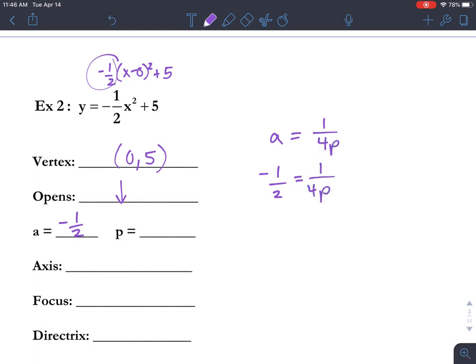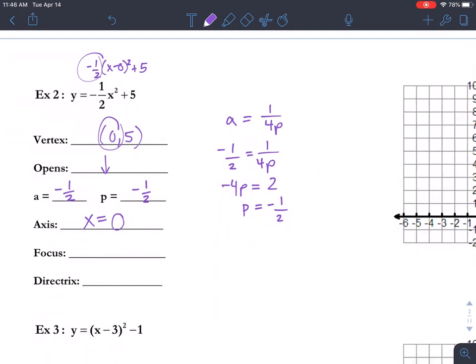So what would our p-value be? Negative 4p equals positive 2, so p equals negative 2 over 4, which is also negative 1/2, which happens. So a is negative 1/2, p is negative 1/2, and then don't forget your axis of symmetry is just whatever that x value is. So x equals 0 will be straight down the middle.